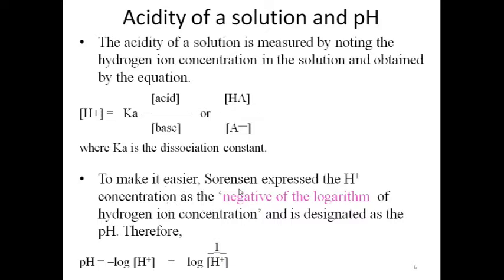After the dissociation of the acid, you get the concentration of hydrogen ions and the concentration of anions. So the hydrogen ion concentration is equal to the dissociation constant times the ratio of acid and base.